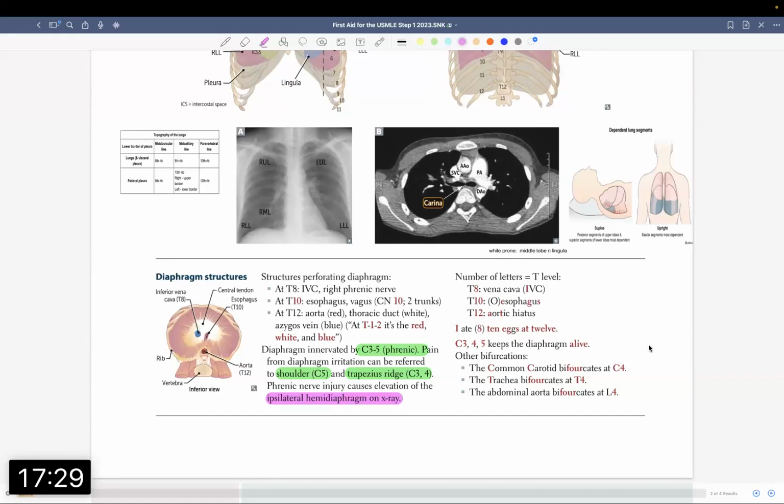C3, 4, 5 keeps the diaphragm alive. Other bifurcations: common carotid bifurcates at C4, trachea bifurcates at T4, and abdominal aorta bifurcates at L4. So C4, T4, L4 for common carotid, trachea, and abdominal aorta.